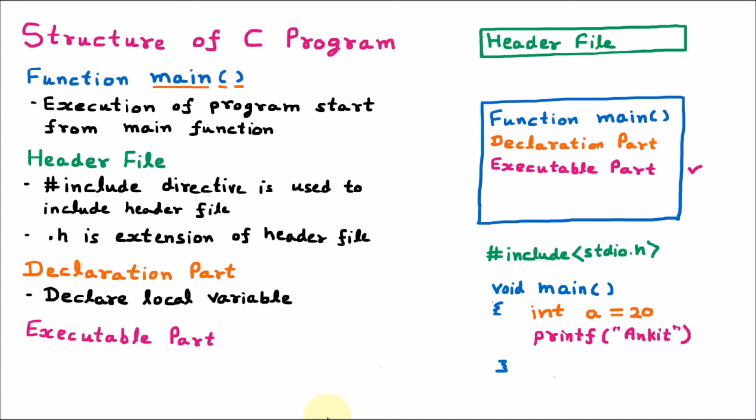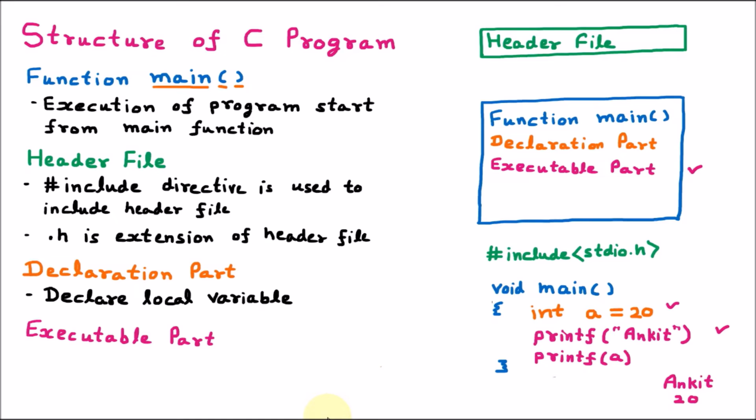So this is called the executable part. Or we know that we have declared a variable a which has the value 20. If I want to print that on the user screen, I will simply write printf and in the bracket I will write a. The output of this program will be Ankit, because it is part of double quotes, so that will be displayed as it is, and a has the value 20, so 20 will come.